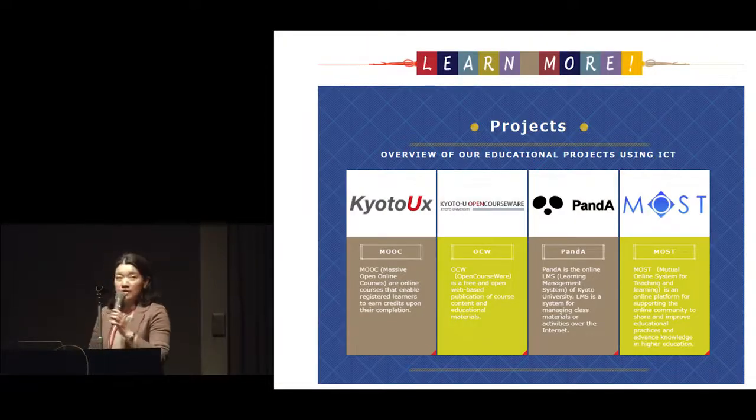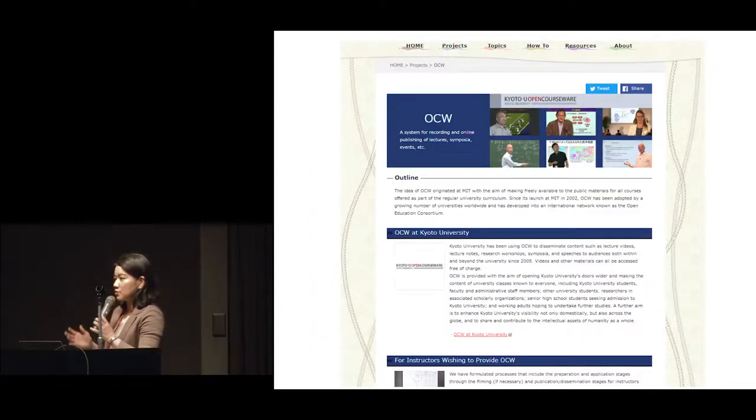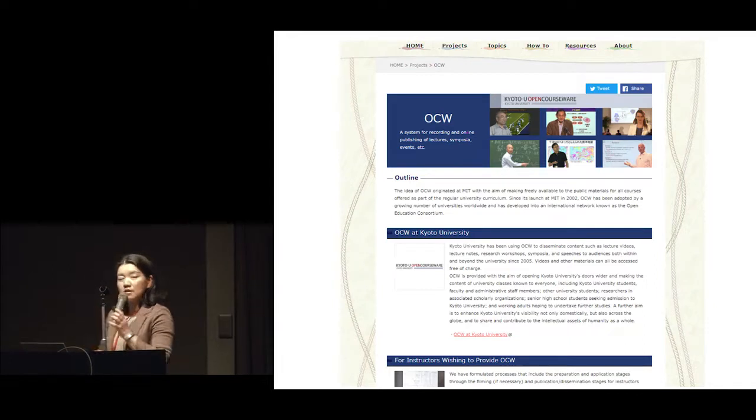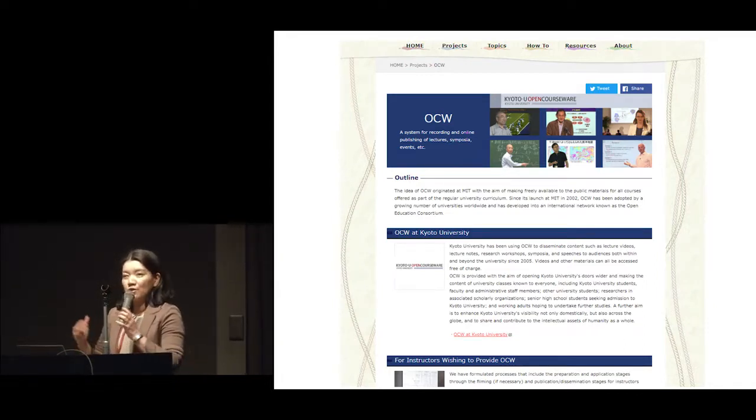Like Professor Sakai introduced, MOOC and OpenCourseWare, which we have been providing for many years, and also the LMS Panda provided by the Institute for Information Management Communication, and Panda introduced earlier. We have all these systems, and we created a page as a portal site to introduce all these programs and menus. When you visit here, you will know what ICT-related activities Kyoto University is undertaking.